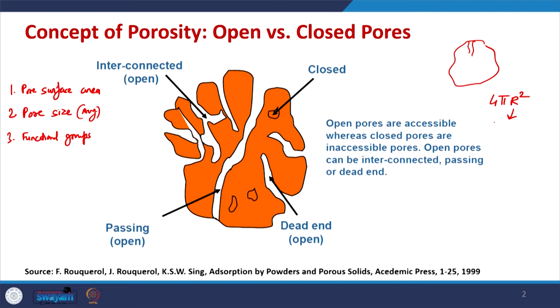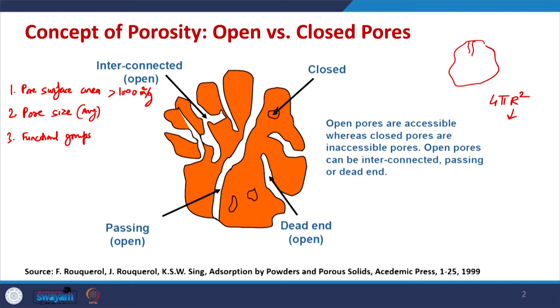But remember, in the previous lecture we studied the surface area is in the range of 1200 or 1000 meter square per gram or more for commercial activated carbon. So, surface area may be more than that. If we consider 4 pi r square, the external surface area will always be less.